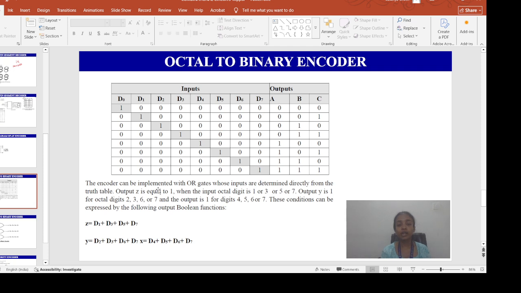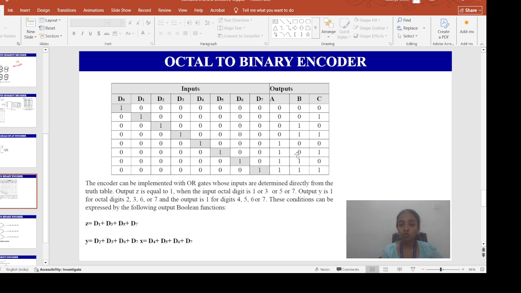So this encoder can be implemented with OR gates whose inputs are determined directly from the truth table. The outputs A, B, C you can consider as X, Y and Z. Output Z will be 1 when D1 is 1, D3 is 1, D5 is 1 and D7 is 1.